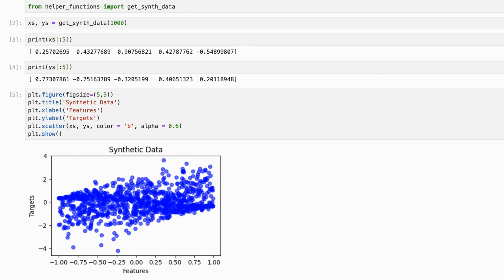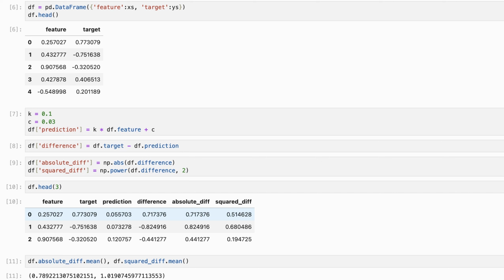In cell 6, we create a table with two columns, feature and target, and display the first 5 rows. In cell 7, we take an arbitrary linear function with random values for the parameters k and c and use it to calculate predictions. We then add those predictions to the table as a new column named prediction. Now, how do we know if these predictions are good or bad? First, we calculate the difference between the target and the predictions.